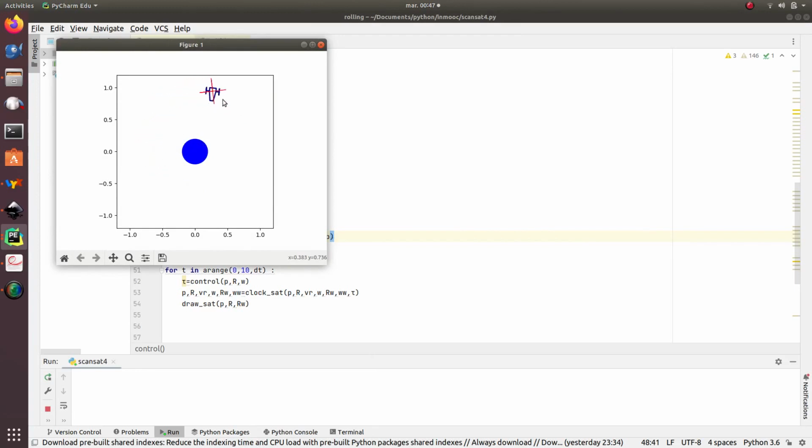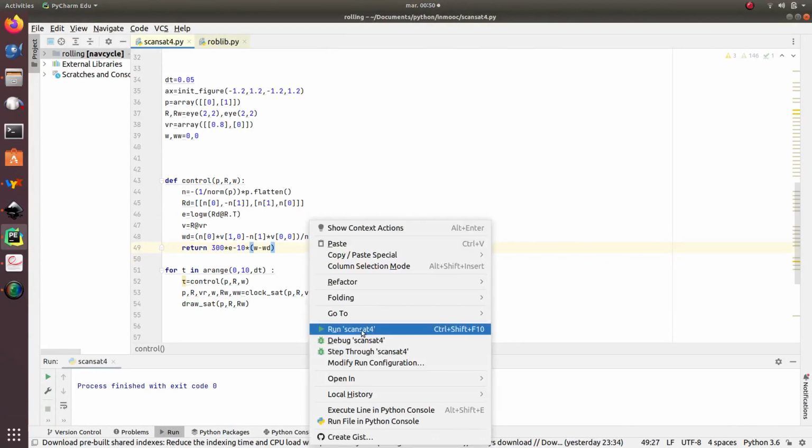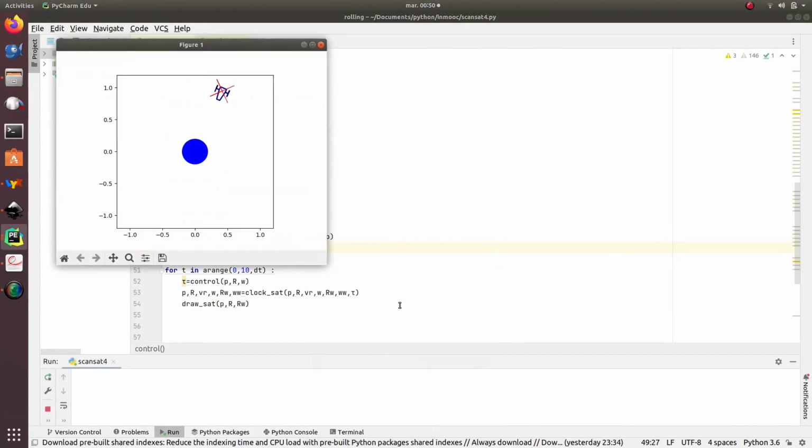I can see also the wheel turning as a reaction to the motion of the satellite. So to avoid the delay, I will have to increase my gain. I will put something like 300. And I can see that the satellite always points toward the Earth.